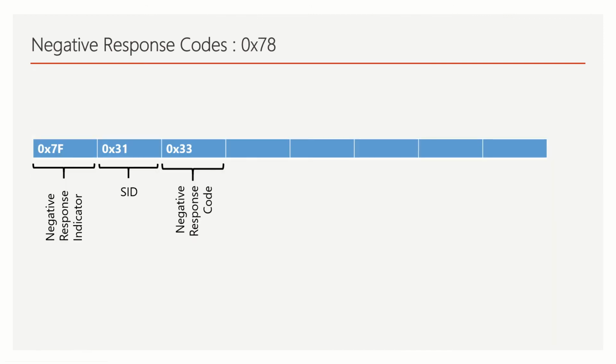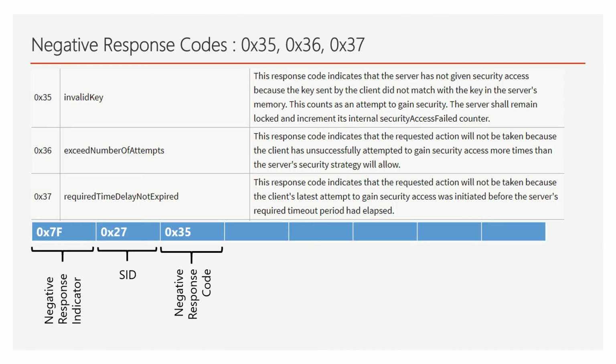Okay, so the next one is the negative response codes 35, 36 and 37. These we get in case of security access denial.